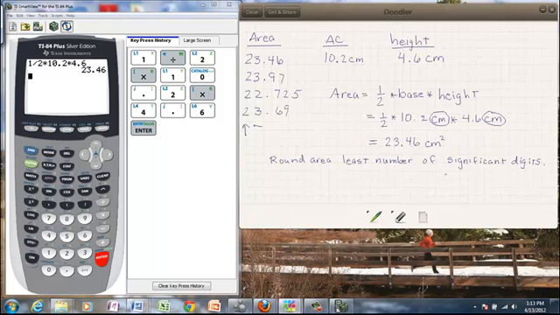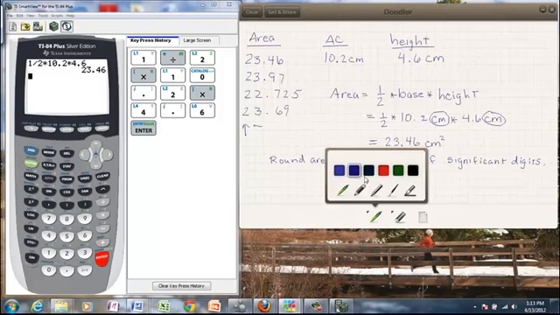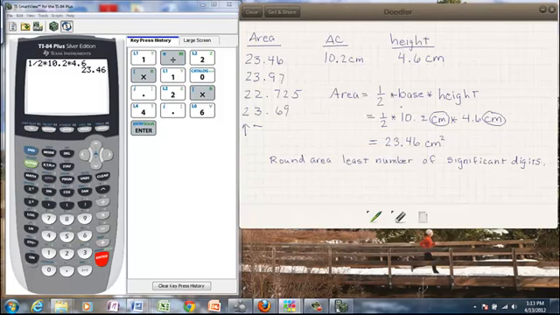Now we're going to have to do a little more work to figure out all the ways that numbers are significant or not. But for right now, I'm just going to count the significant digits in our two measurements. In 10.2, there is 1, 2, 3 significant digits. In 4.6, there's 1, 2 significant digits.